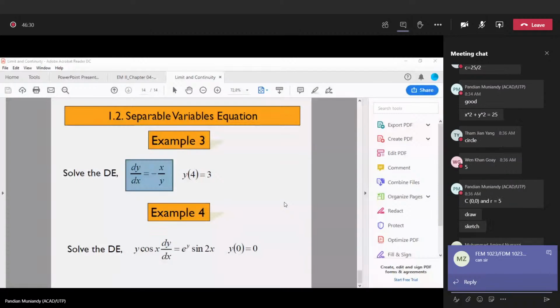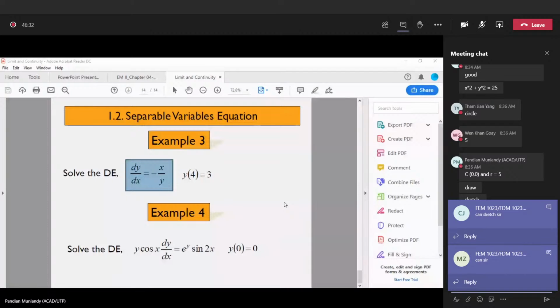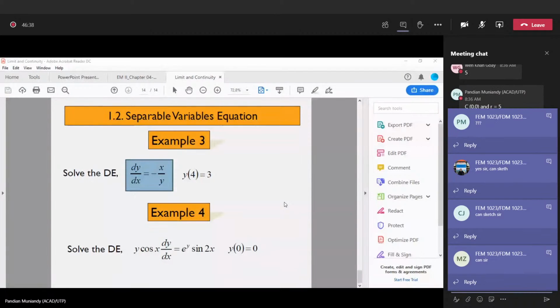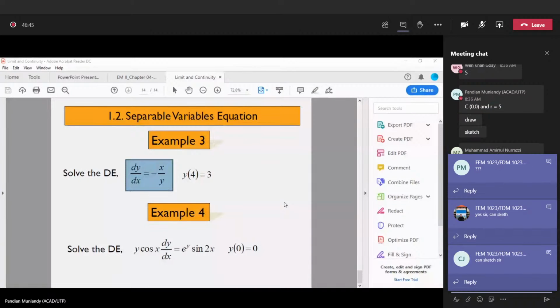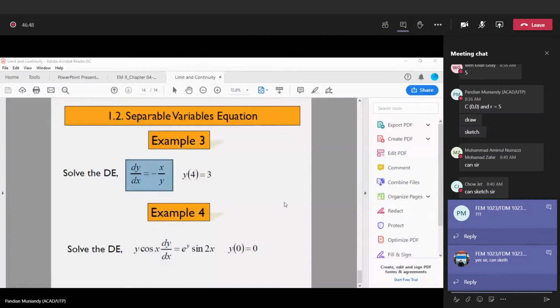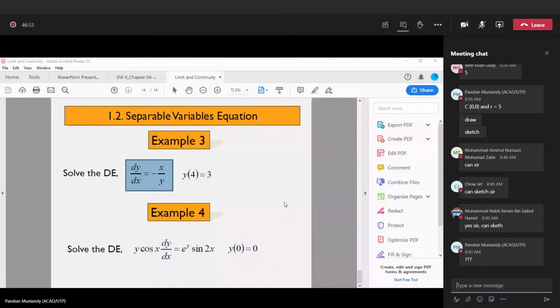So you got to sketch the curve and then you compare with the Euler method and then Heun's method and Runge-Kutta method. Write down, yeah? So you can plot all these curves in one graph or different graphs, it is up to you. So if you sketch in one graph, then you can see the differences. So this is very important.